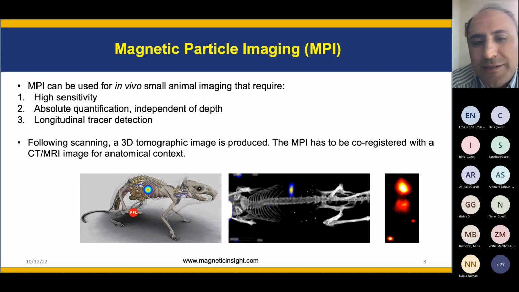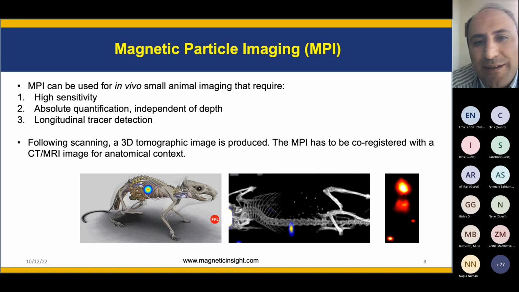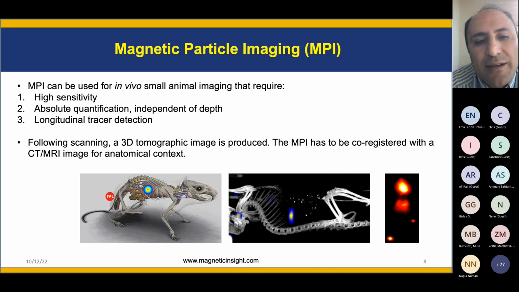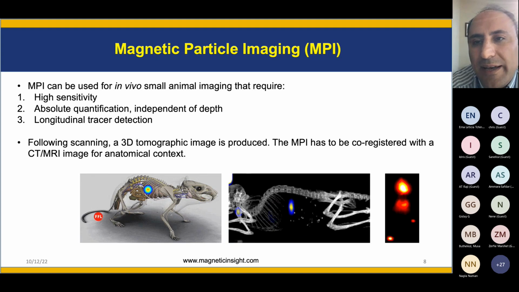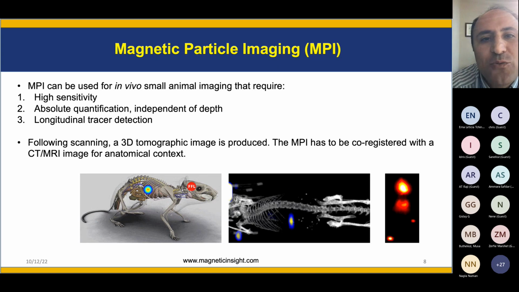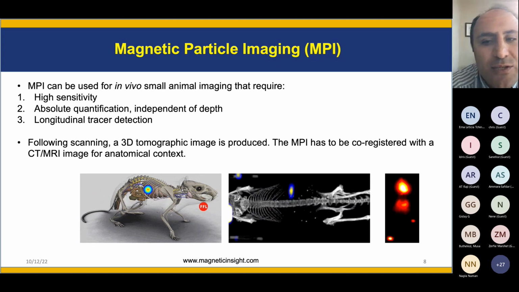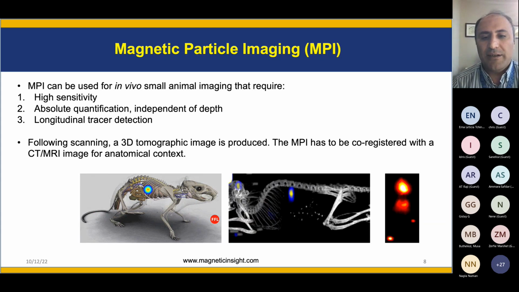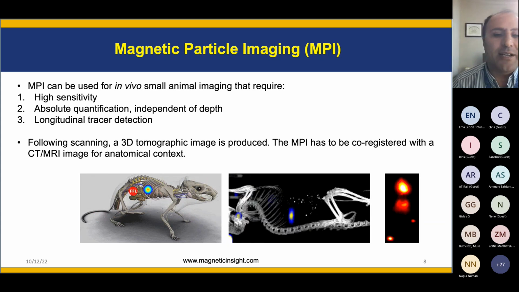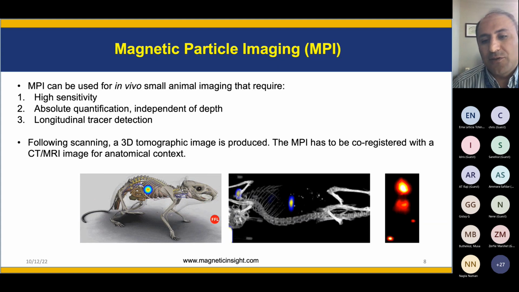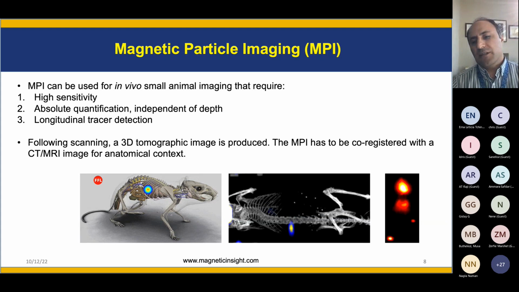But it's not all rosy, and there are some limitations with MPI. The main problem that MPI has is that there is no anatomical information with this imaging modality. So we always have to do registration. Here, we use CT or MRI to get anatomical information, but it's easy.